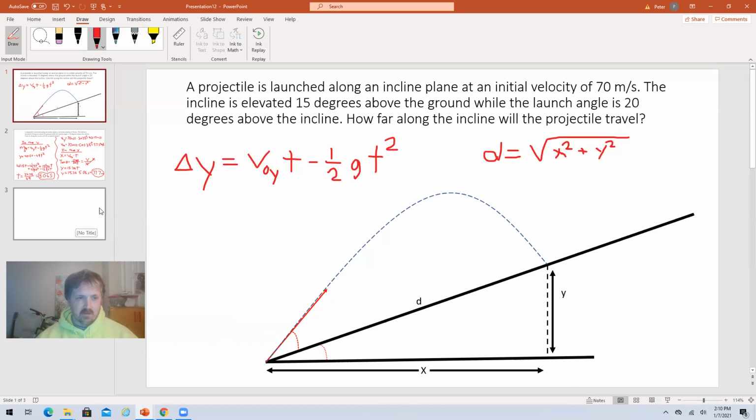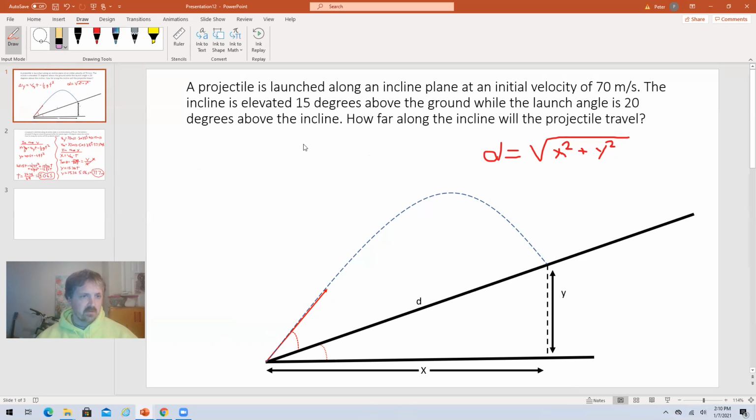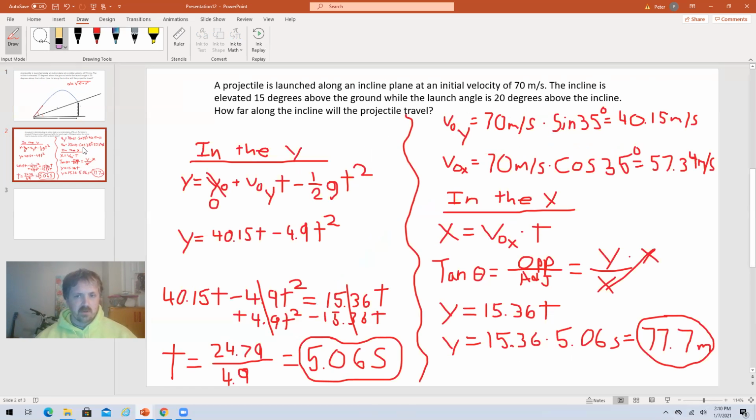All we need now is x, because remember, once we have x, we already have y. Once we have x, we can just plug them into Pythagorean's theorem and we get a value for d, okay? So let me go back and remind ourselves that x is simply going to equal v naught x, which we have right here, multiplied by t, which we have right here. So v naught x is 57.34.